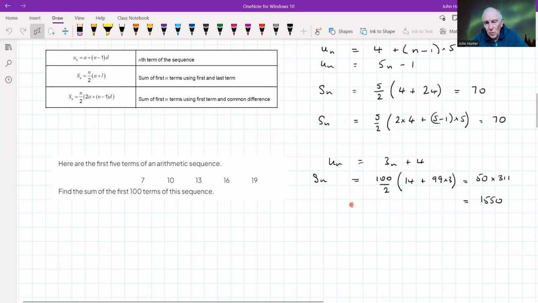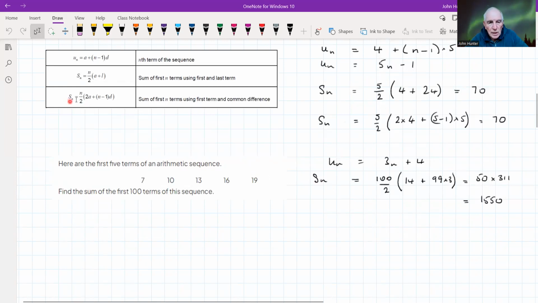All right, so which of these are we going to use? Well, let's use this one. It builds in our calculation of the last term, so it does save us a step, really.